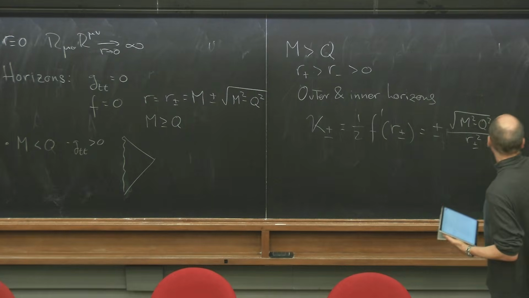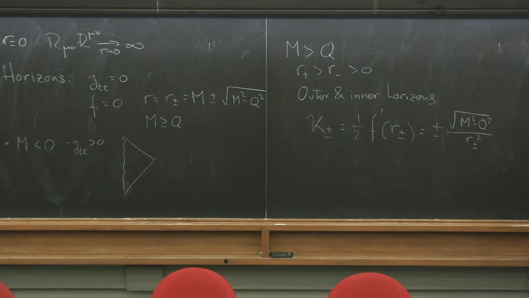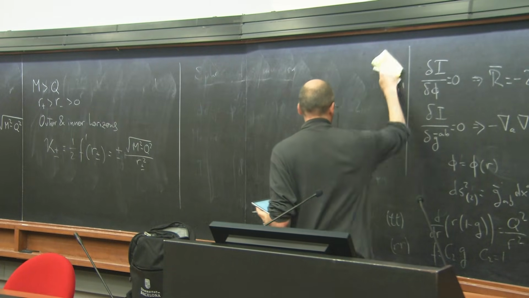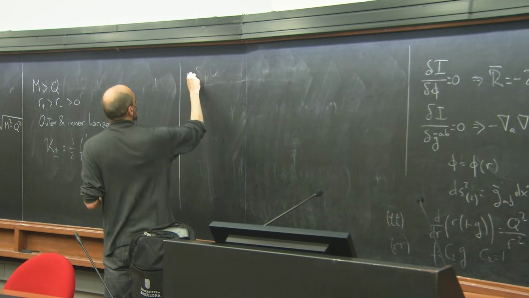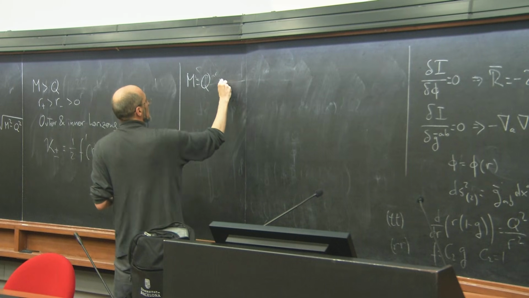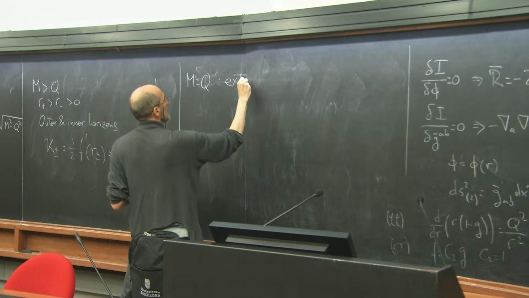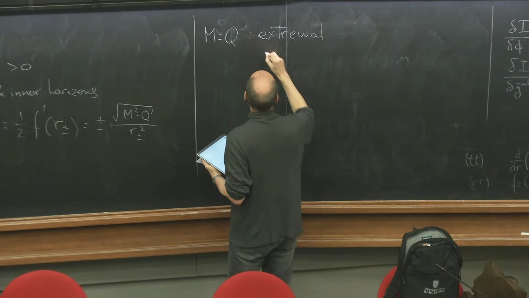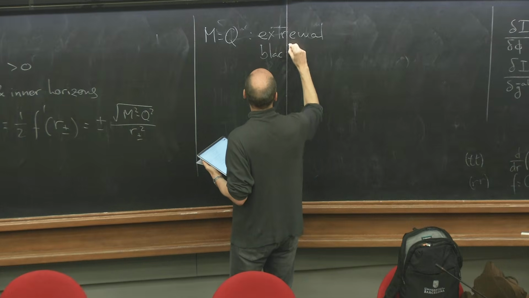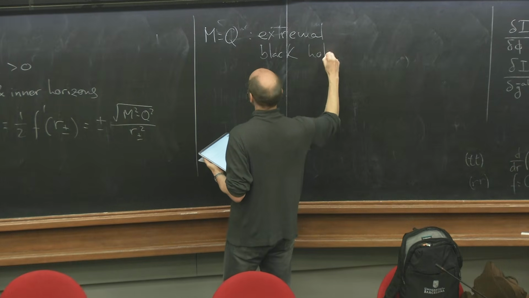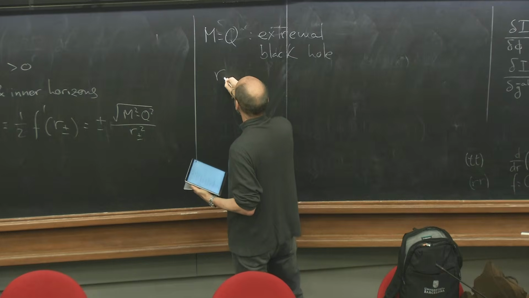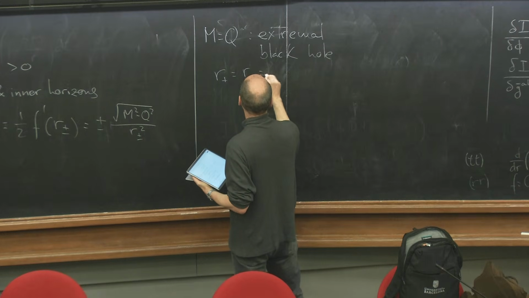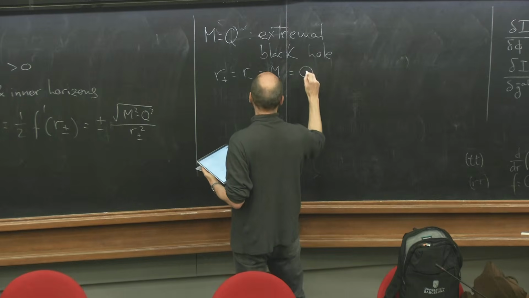Then finally, there's the borderline case where m equals q. This is what we call the extremal black hole. As we said, we have these two horizons coming together, because you have r plus equals r minus equals m equals q.